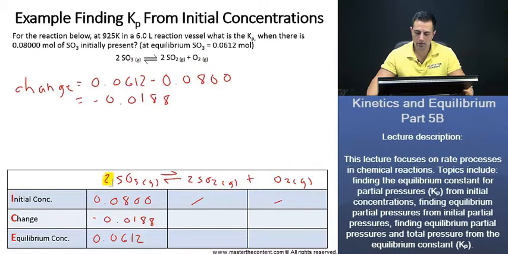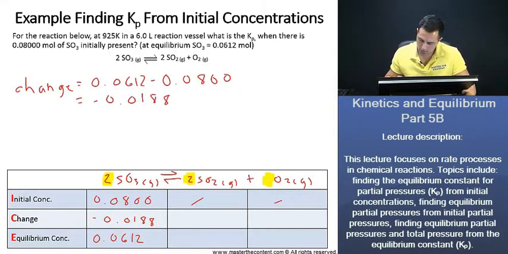Now to write down the change for our products, we have to take note of one thing. We see here that we initially have 2 moles of sulfur trioxide, here we have 2 moles of sulfur dioxide, and we have a mole of oxygen. So the change for 2 moles of sulfur trioxide to 2 moles of sulfur dioxide is going to be exactly the same as the change here, so we write down 0.0188.